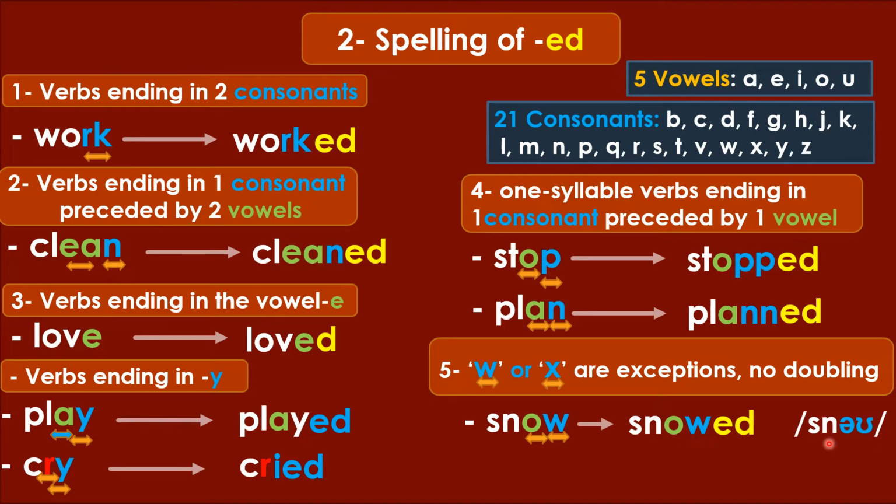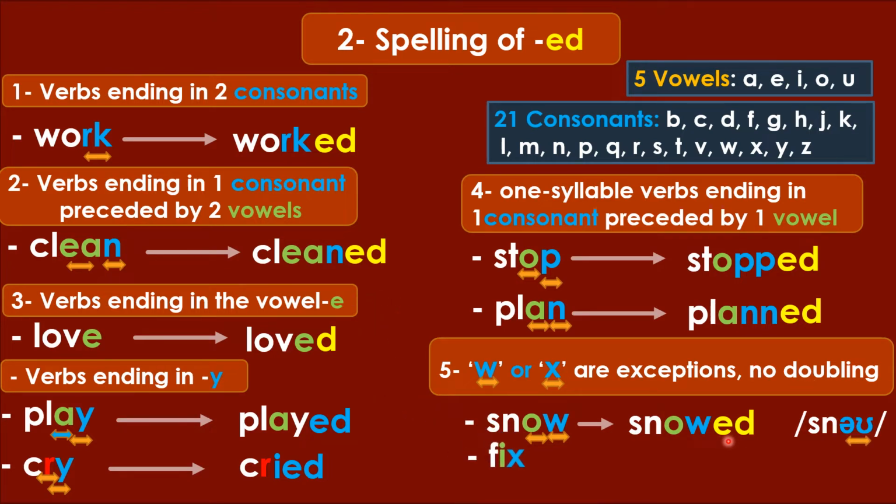It ends in a diphthong, and a diphthong consists of two successive vowels. In this case we don't consider W as a consonant, not like the P or the N, so that's why we add ED.